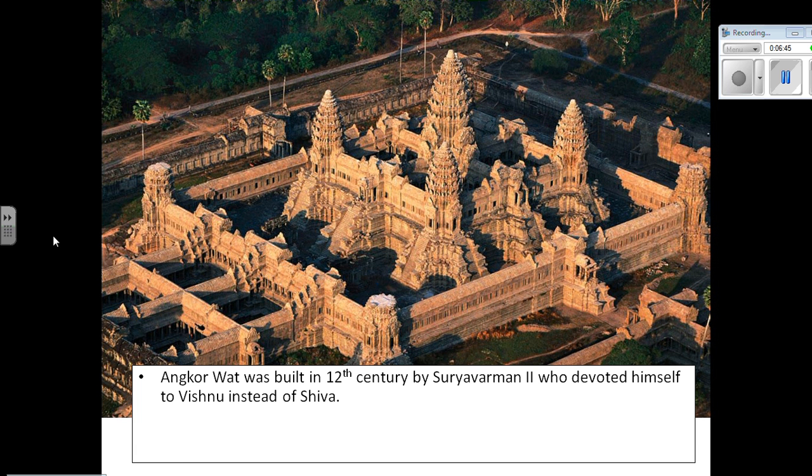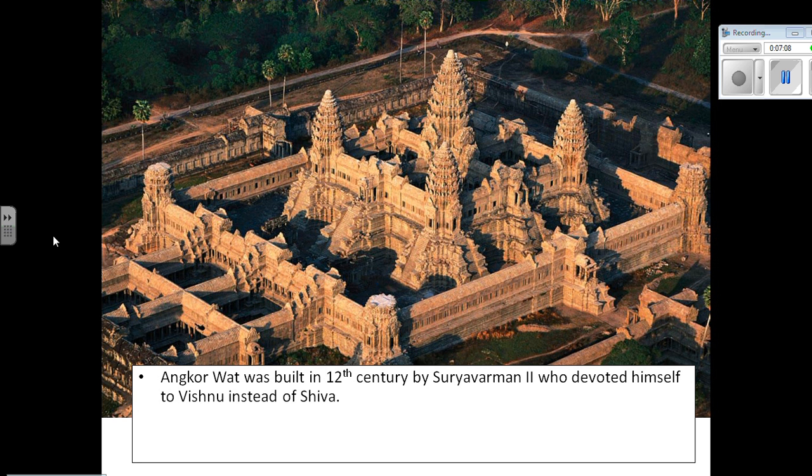Remember, the Angkor site spans a great period of time, 9th through 15th century. I don't expect you to remember that Angkor Wat was built in the 12th century, but I do want you to understand that there was a sequence of rulers all building their own structures. So Angkor Wat is built in the middle, in the 12th century.